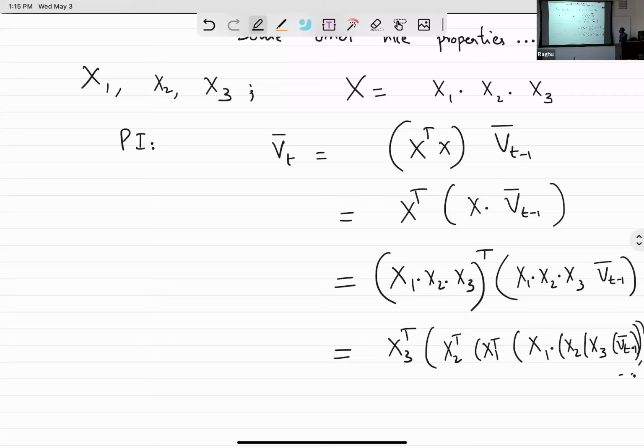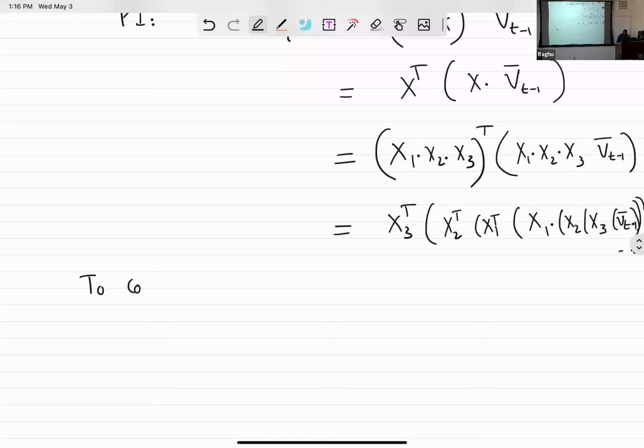You never have to even compute x to compute its first singular vector. All you need is the ability to do matrix vector multiplications with x. Imagine someone said, here's a matrix. I'm not going to even show you what the matrix is, or you can't represent the matrix, but I'm going to give you a function handle, which will take a vector and return the matrix vector product with that matrix.